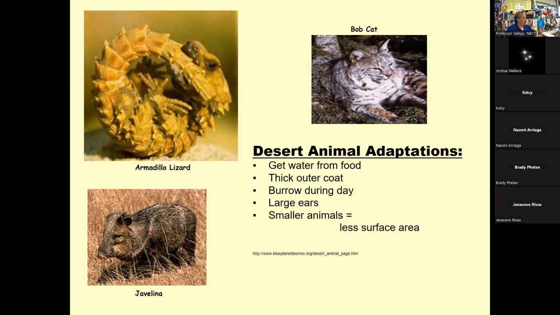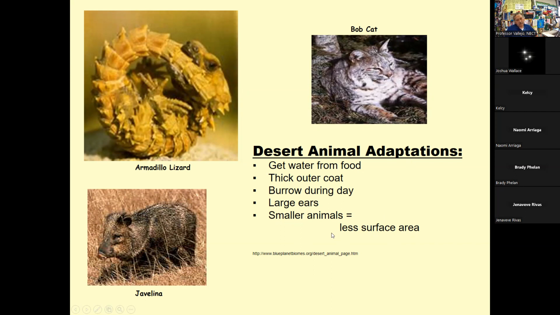So the little moisture that's in the air will go into the food, and then the animals will eat the food and will have a little bit more water in it than you would expect. So thick outer coat on animals that live in the desert, large ears to radiate the extra heat, and typically you have smaller animals because they have less surface area.